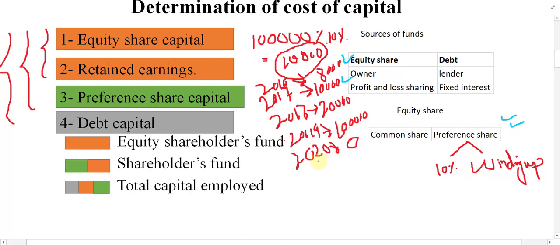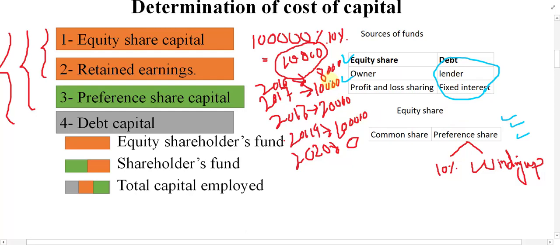In 2020, let us assume that profit is 0. If there is 0 profit, these people again will not receive anything. So this is the difference between preference shareholders and debt holders. In the case of debt holders, whether the business makes profit or not, we have to pay. But preference shareholders receive profit only if there is a profit.